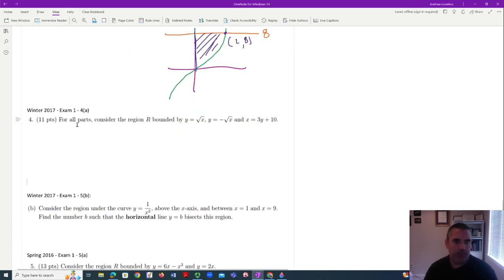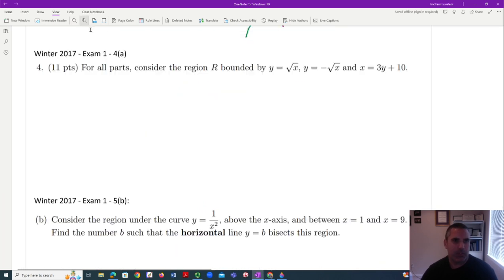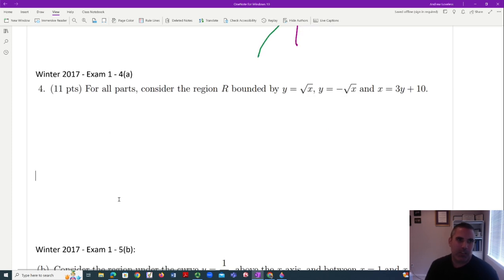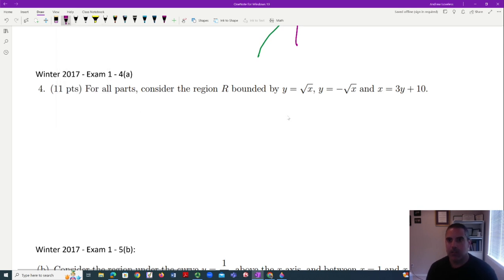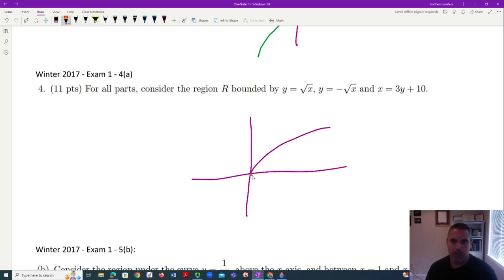What about this one? Looks scary. I think there's a certain thing on exams when something looks a little different, people kind of freak out. Know that I'm not trying to trick you. I think I did it this way to avoid a confusion, but sometimes in doing so, it confuses people more. But y equals the square root of x, that's this. Y equals the negative square root of x is the same thing, but down here. And then I have this line.